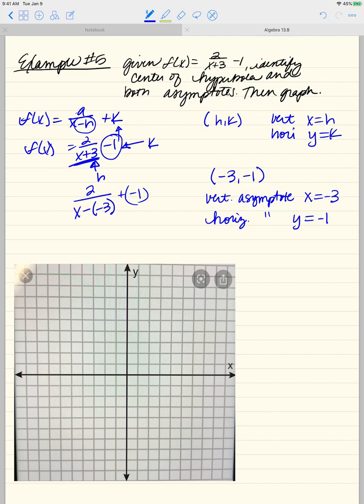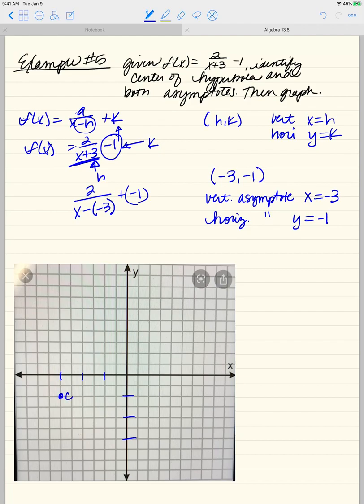Now we're going to go ahead and graph this. Make a table of several convenient points on either side of the center so that you can figure out the general shape of the graph. So the center is at negative 3, negative 1.